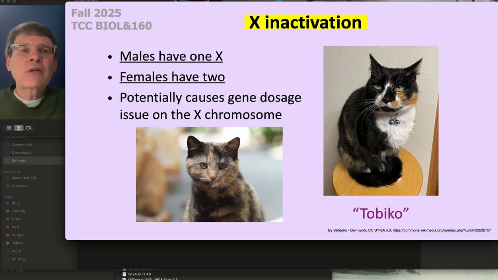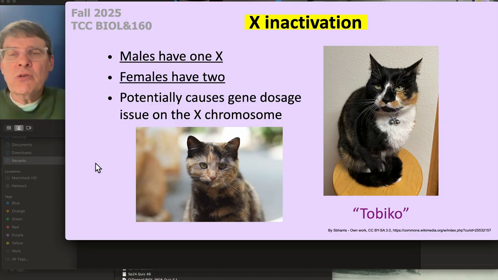Finally, a really interesting phenomenon called X inactivation. Females have 2 copies of the X chromosome, which could cause some challenge in expression. However, at some point early on in the development of the individual, certain cells turn off 1 of the 2 X chromosomes, but not every cell turns off the same X chromosome.